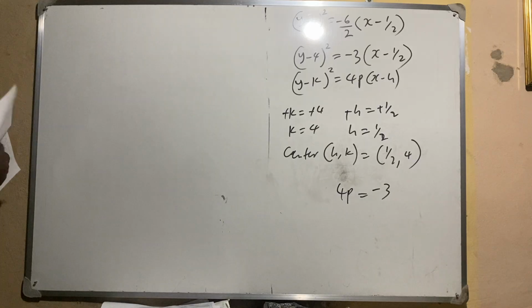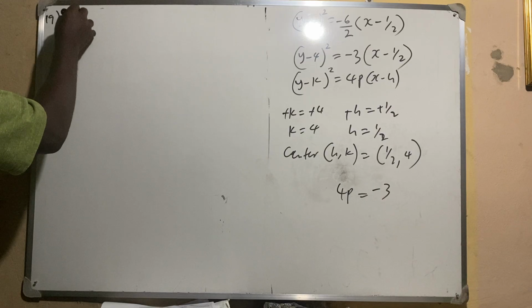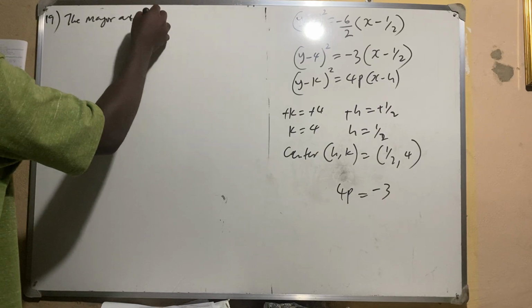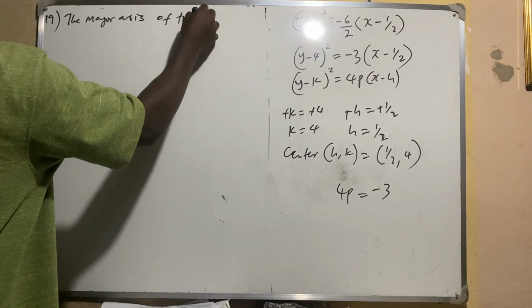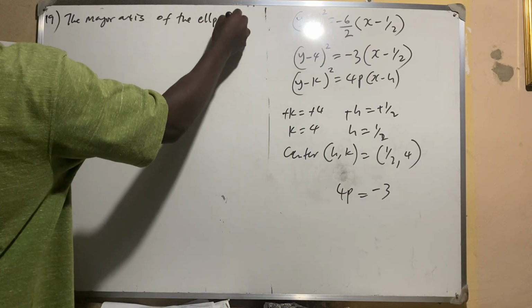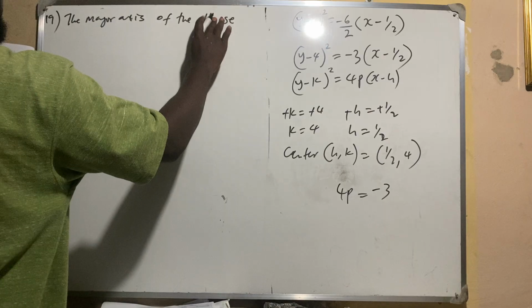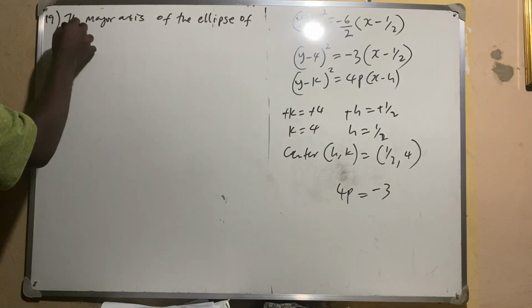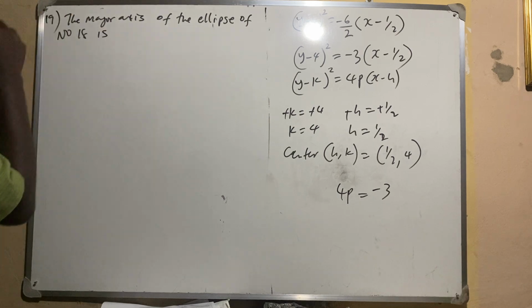So question number 19. We're almost done with this video. Question number 19 said the major axis of the ellipse of number 18 is dash.